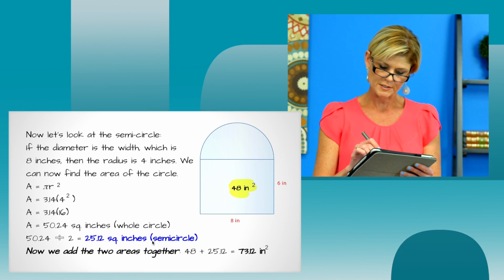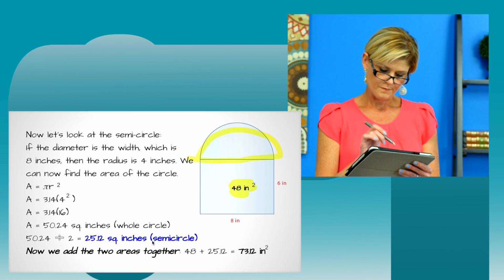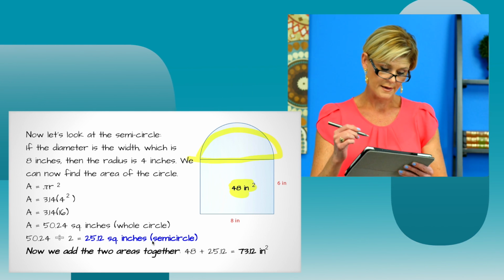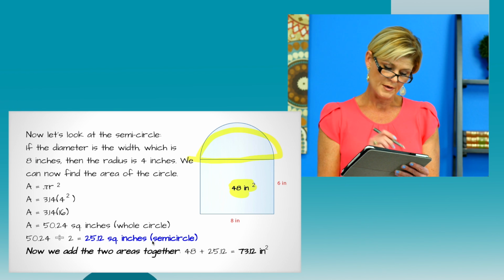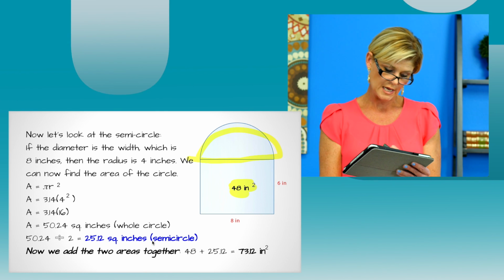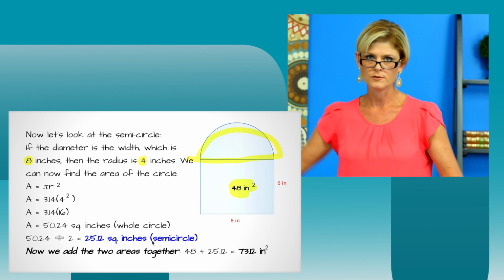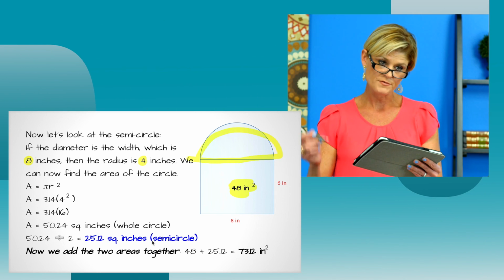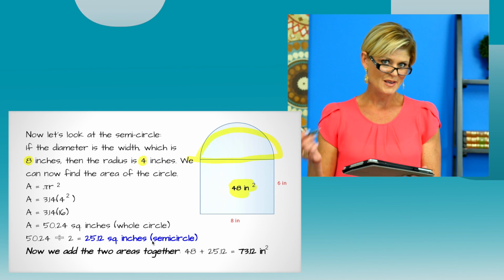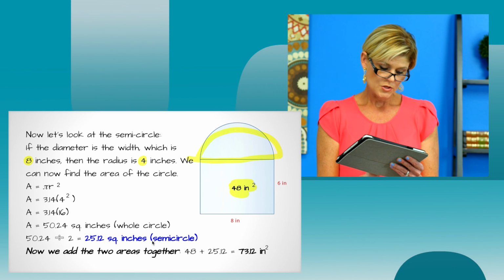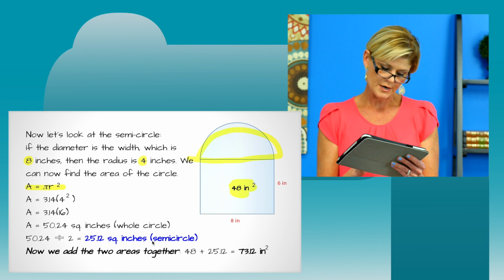Now let's look at the semicircle. We have to go with the information that we have. So if the diameter is the width, which is 8 inches, then the radius is going to be 4 inches. Why? Well, because the radius is half of the diameter, so half of 8 is 4. And now we can find the area of the circle. A equals pi r squared.